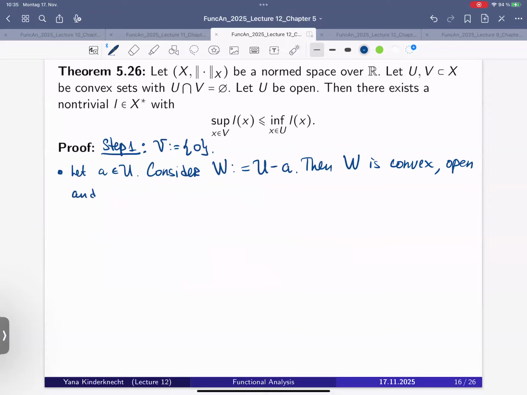And now 0 belongs to W. And so W is an open set which contains 0, so it's a nice absorbing set. So W is absorbing, and hence the Minkowski functional of this set is sublinear.